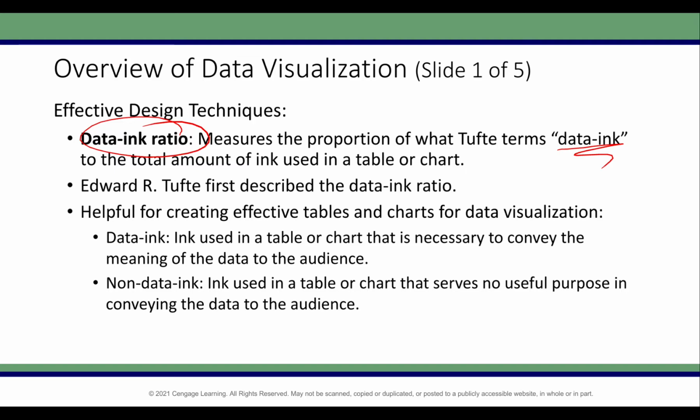Both in a table or in a figure, we are putting ink on the paper, basically. So how much of that is really conveying the message, conveying the data, telling us something about the data, and how much of that is just some extra stuff that's added on top of it that does not add really any value at all. So data ink is about that. If your data ink ratio is high, that means there's more data than there is ink, more useful information provided.